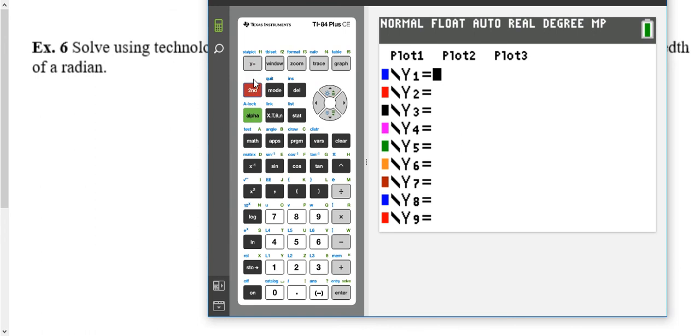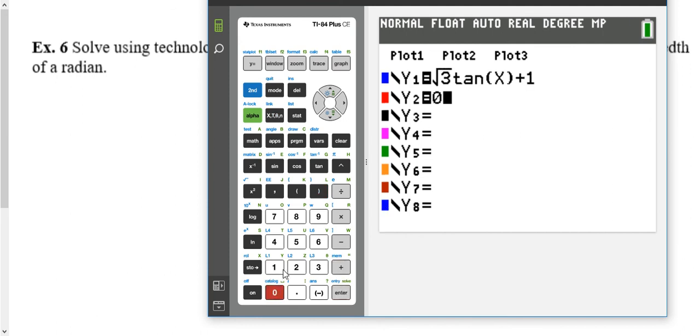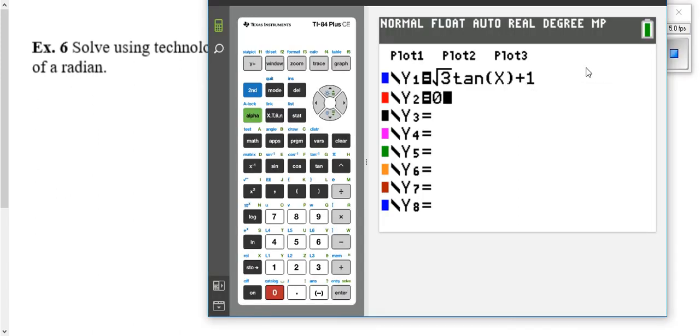In y1, let's go root 3 tan x, don't forget the bracket there, plus 1, and y2 is going to be 0. Our domain in this case is between 0 and 2 pi, but I can keep that in terms of 0 and 360, and that should be fine.